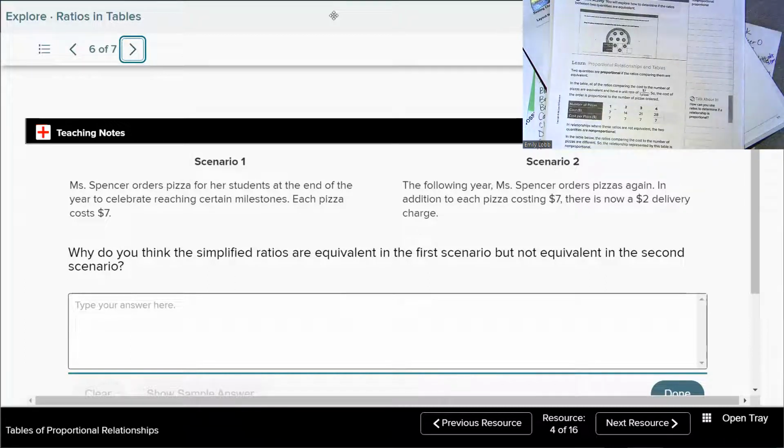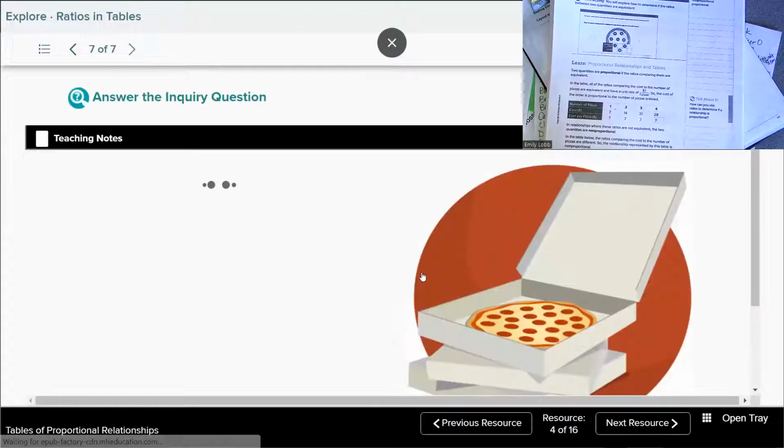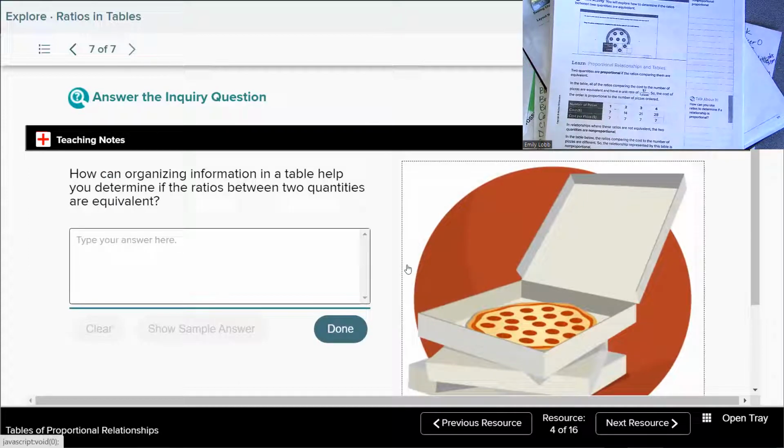Okay, cool. You guys figured it out. So this is just telling you that when we organize it in a table, we can take those table values, divide them, and see that it's either proportional or non-proportional, right?